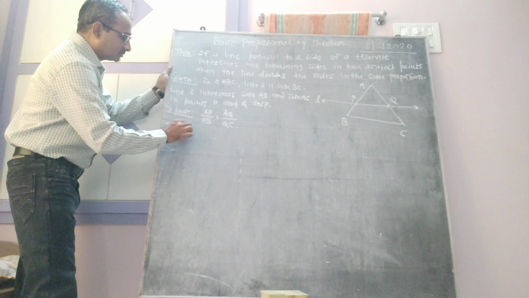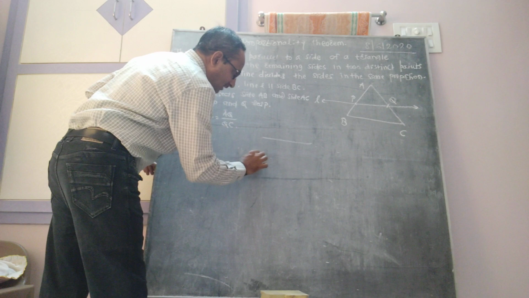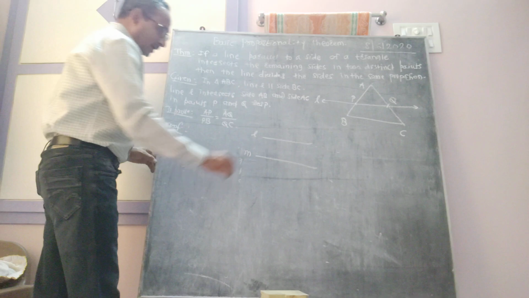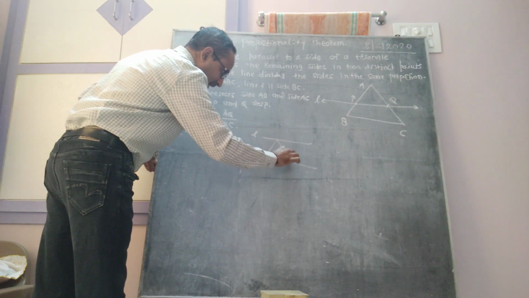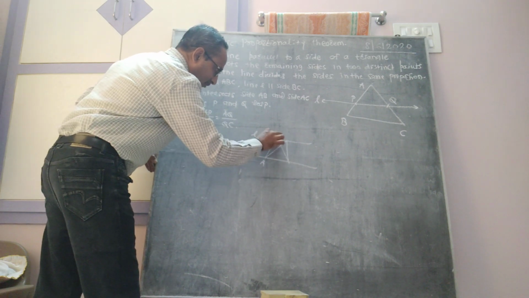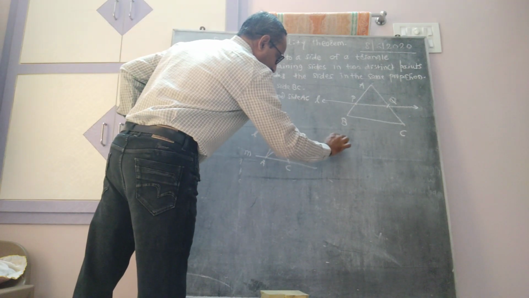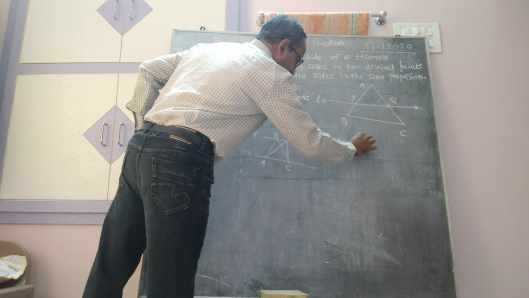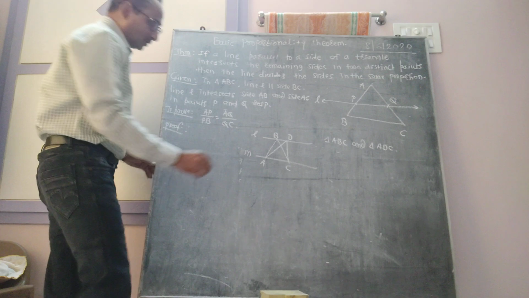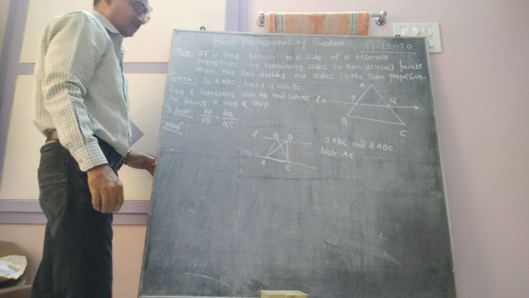Proof of this theorem: suppose these are the two parallel lines, line L and line M. In those parallel lines there are two triangles, triangle ABC and triangle ADC. Both the triangles have the same base AC.